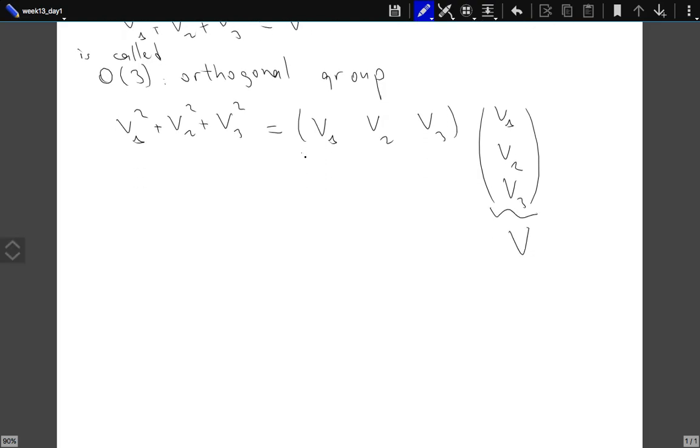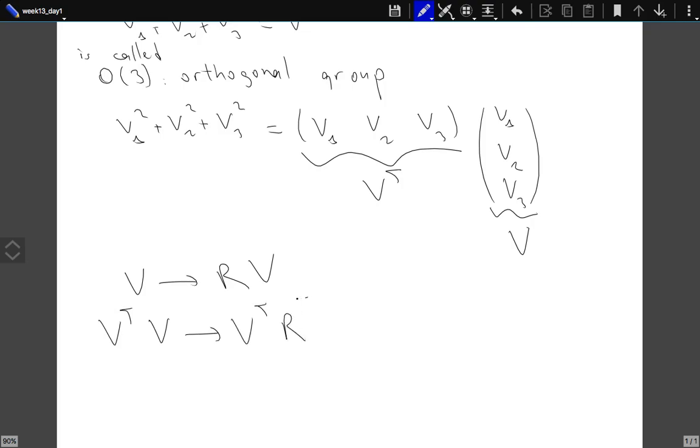Let's call this V, so this is V transpose. So let's look at the transformation that leaves V squared invariant. Let's say V goes to some matrix R multiplied by V. So V transpose V will just become V transpose R transpose R times V.